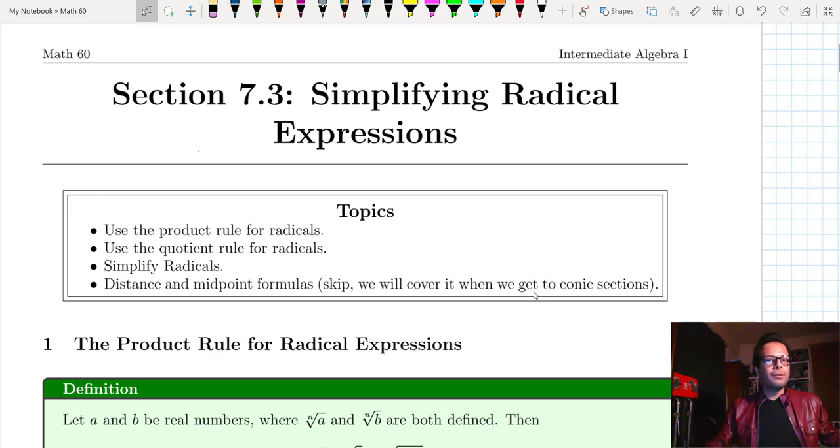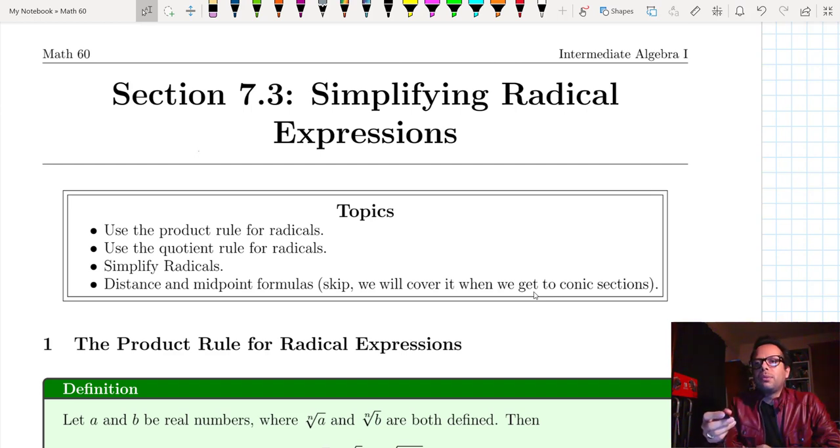Alright guys, so welcome to another lecture on radicals, chapter 7 on radicals. We keep moving to section 7.3, which is simplifying radical expressions. What we have done in the previous two sections was to define what a square root is, what a cube root is, what an n-th root is, and do some evaluations of radicals as functions.